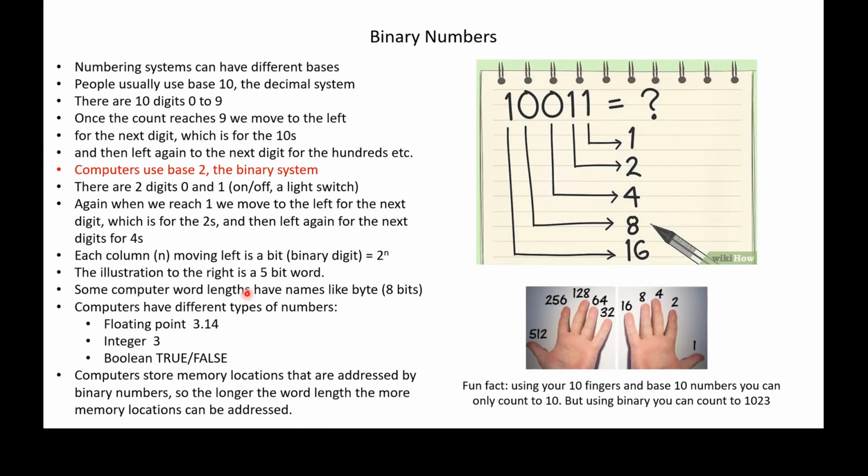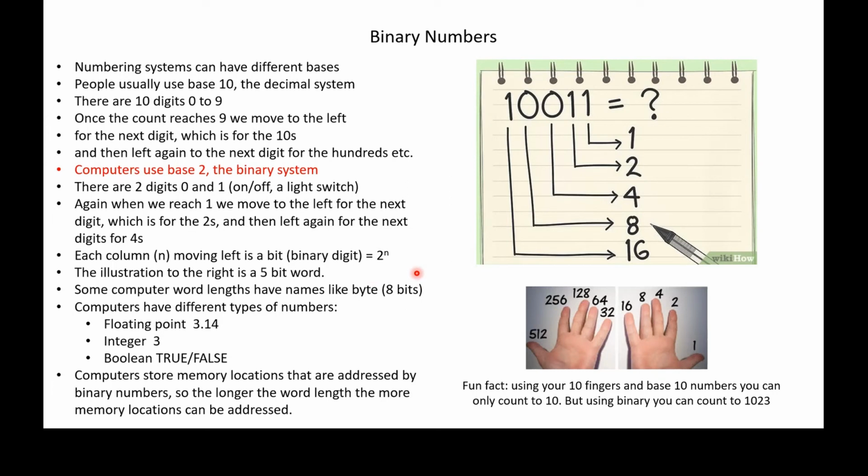And some computer word lengths have names like byte, that is 8 bits. We started with home computers and computers in the lab more or less with 8 bits. And 8 bits can count to 2 to the 8th, 256. I think 1, 2, 3, 4, 5, 6, 7, 8, yes, 256.